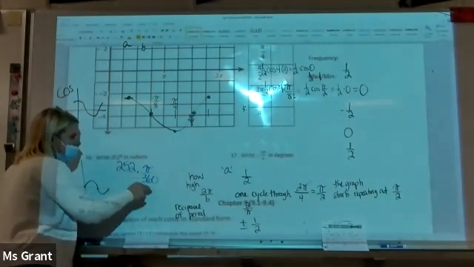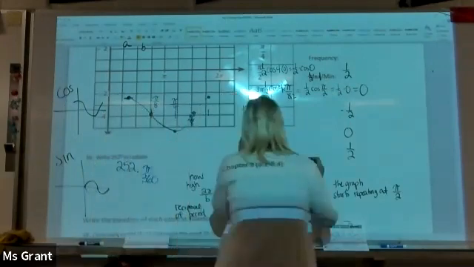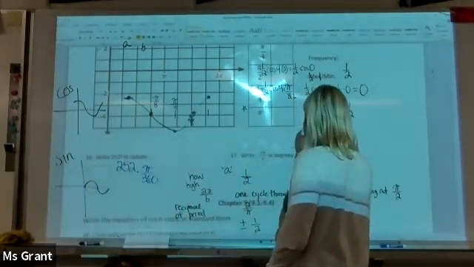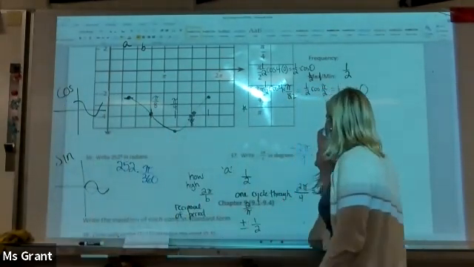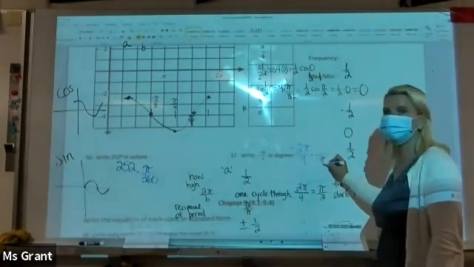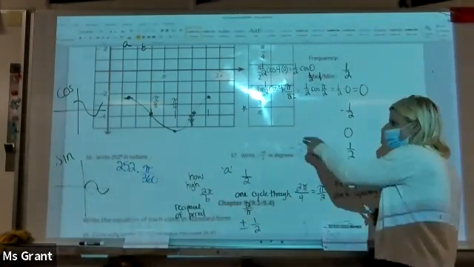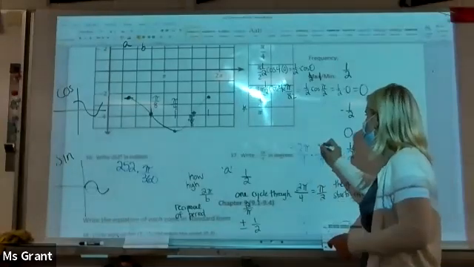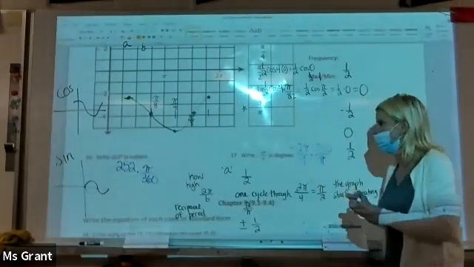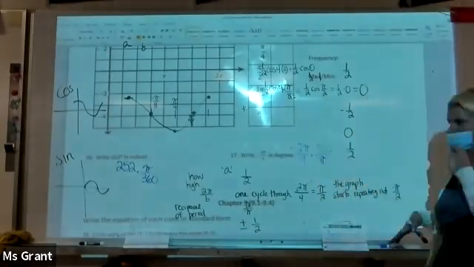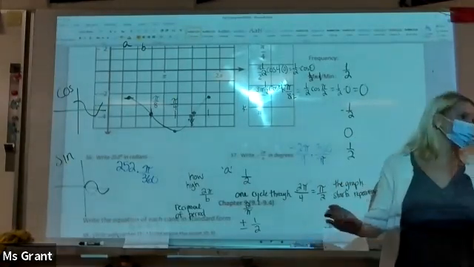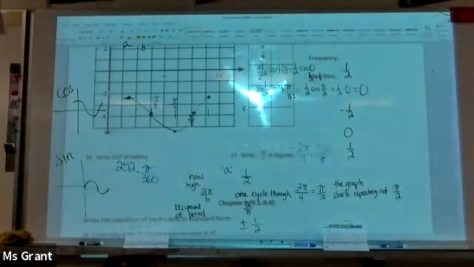I have degrees diagonally, so the pi goes on top and the 180 on the bottom. And you just multiply and reduce these fractions. So I just did 36 and 37 for you.